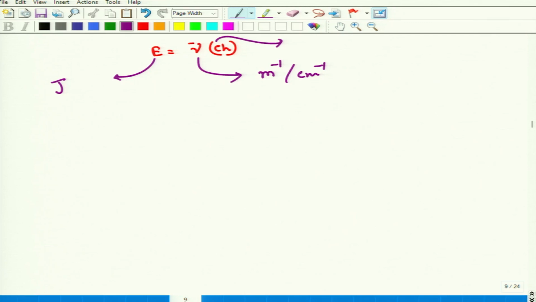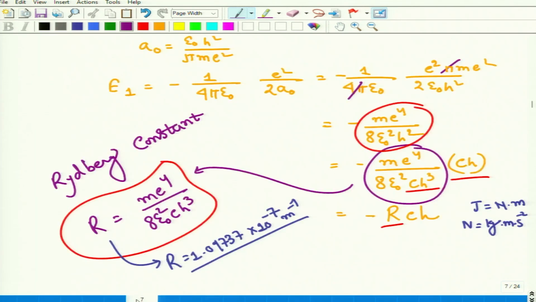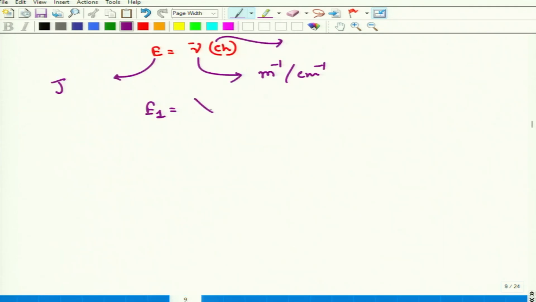So now for any term, E1 was there. If we remember, E1 was identified in this form, m e to the power 4 something, let us say x was the value of E. Now if we do the thing ch by ch, then x by ch will be the corresponding wave number of the energy.